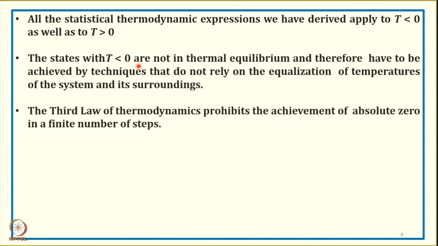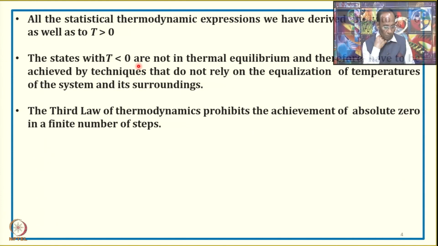The third law of thermodynamics prohibits achievement of absolute 0 in a finite number of steps. This is a good time to revisit the third law of thermodynamics. It says the entropy of each substance is positive, which may become 0, and it does become 0 at absolute zero for perfectly crystalline substances.